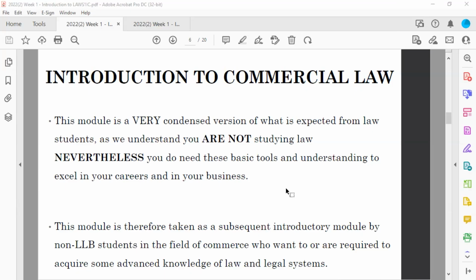Let me explain. Intro to Commercial Law, which we offer for BCom students like yourself at Westville, is a 16-credit module. Now, 16 credits means that there are 160 notional hours of study that should go into this module.